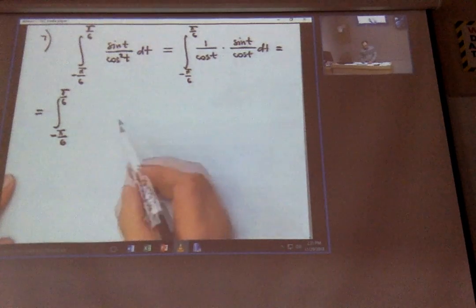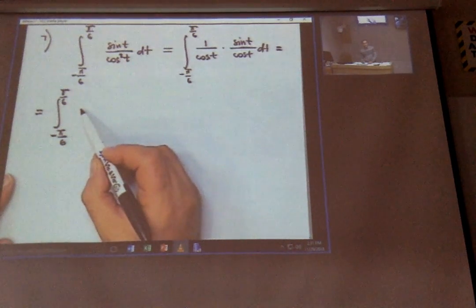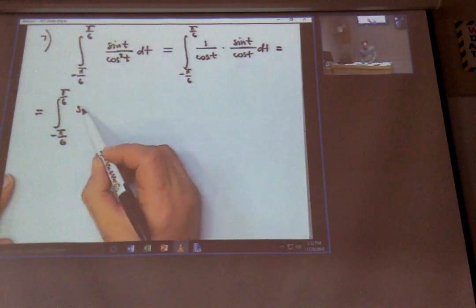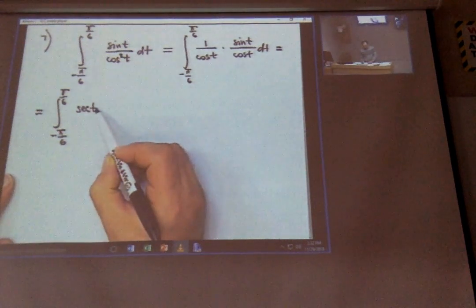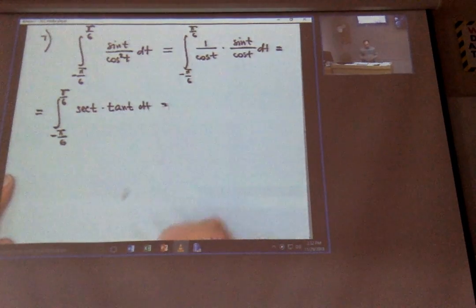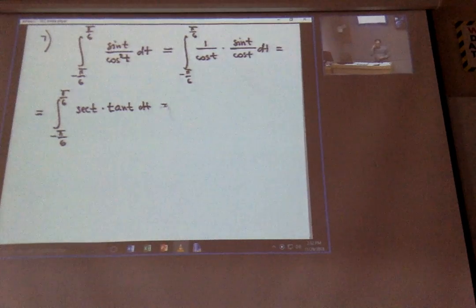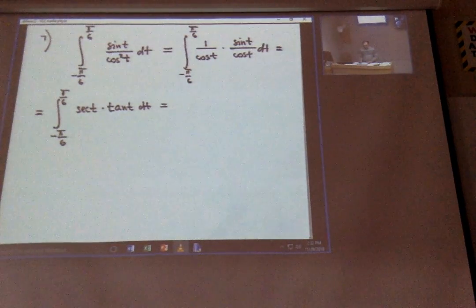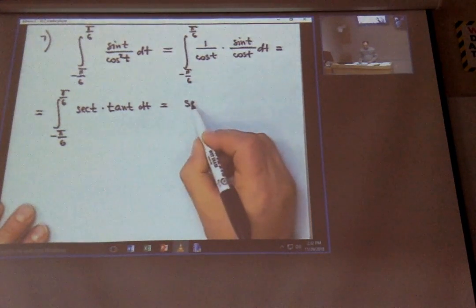So 1 over cosine is what? Secant, right? And then tangent dt. So what is the antiderivative of secant of t times tangent of t? It'd be secant, just secant of t.